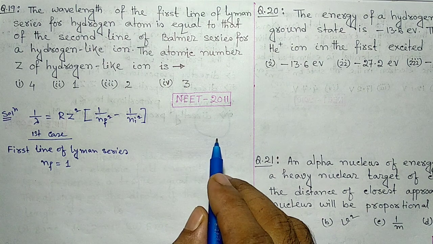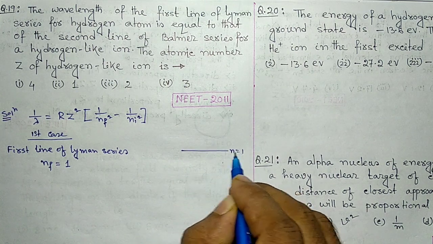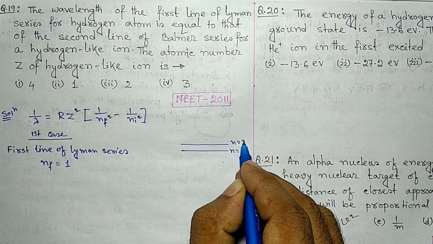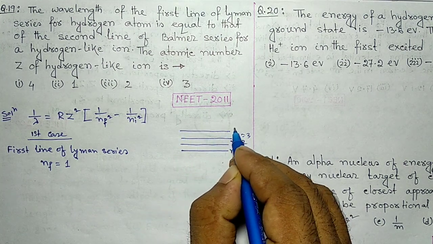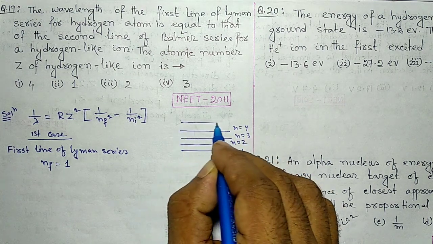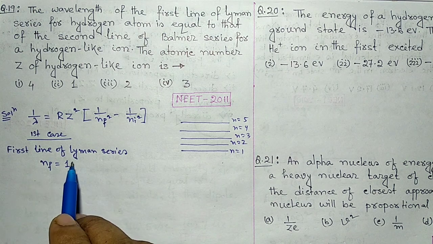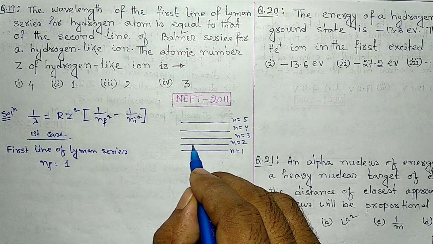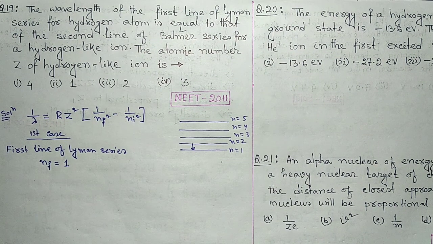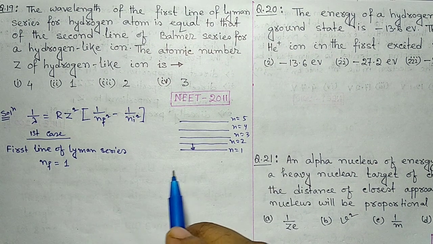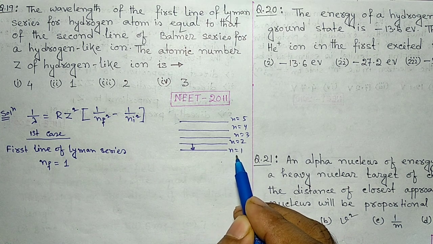This is the series: N is equals to 1, N is equals to 2, N is equals to 3, N is equals to 4, N is equals to 5 and so on. For the first line of the Lyman series, the transition is N is equals to 2 to N is equals to 1.